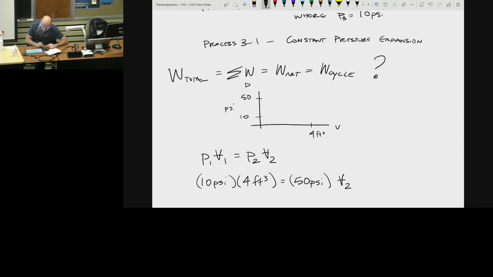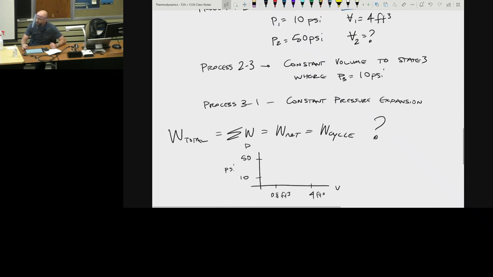So I type it into my calculator, 10 times 4 divided by 50, and I get volume 2 is equal to 0.8 feet cubed, and that makes sense. It also told me it was compression, so I should think that the volume should be smaller. A lot of things are hints as to whether I'm getting the problem right or wrong.